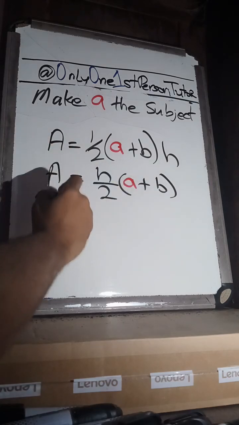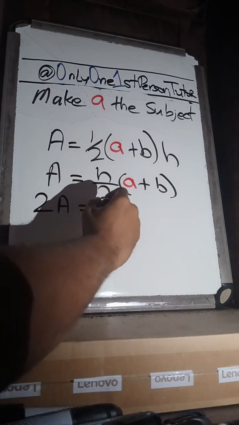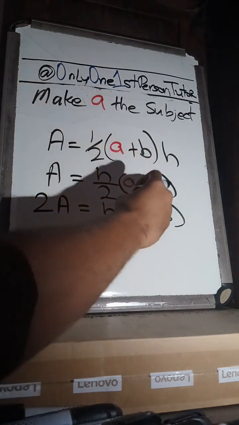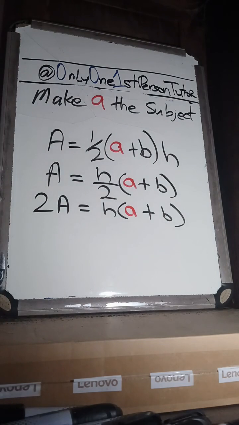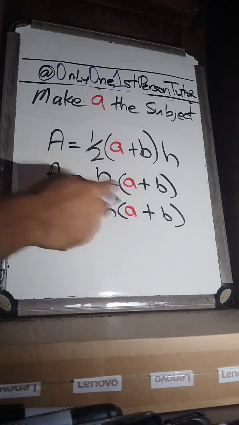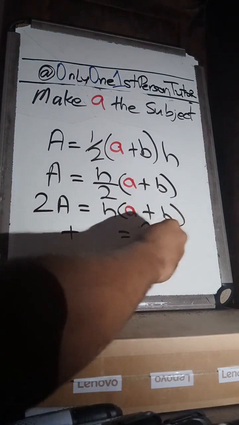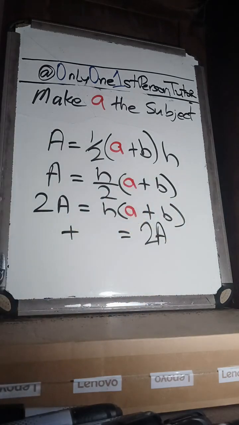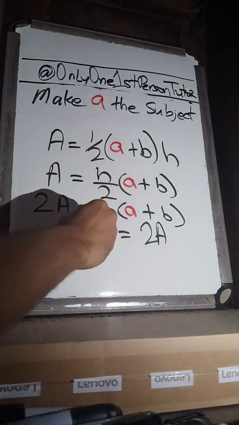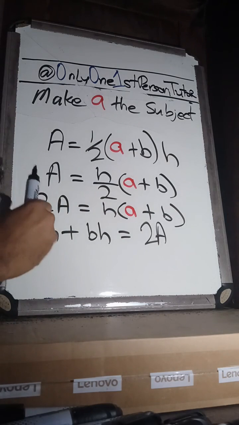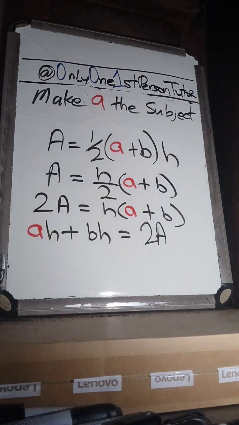Multiply both sides by 2. So now you have this. Now let's flip that on the other side and distribute it. So we'd have BH and this right here. Now if I want to get rid of BH, I have to minus BH from both sides.